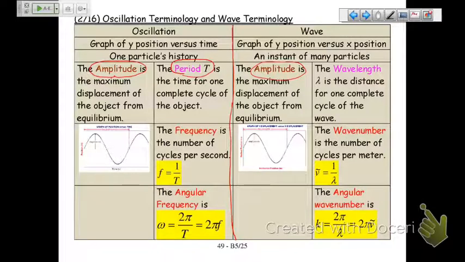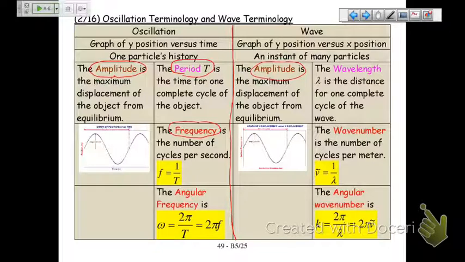And that's fine. But for some reason, I think there's a human tendency that we like numbers that are bigger than 1. So some person, and I'm not particularly a fan of this person because I think it makes life more complicated, they made up this term frequency. And they said, well, frequency is the number of cycles per second.